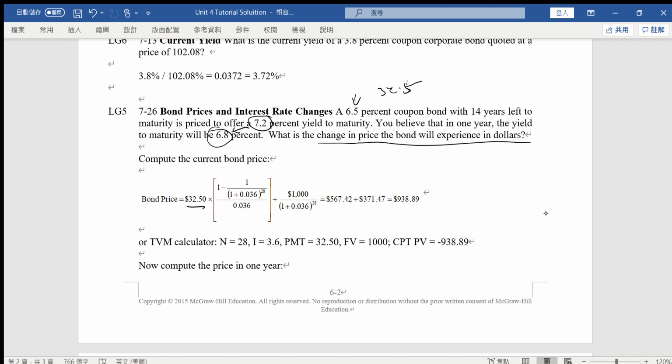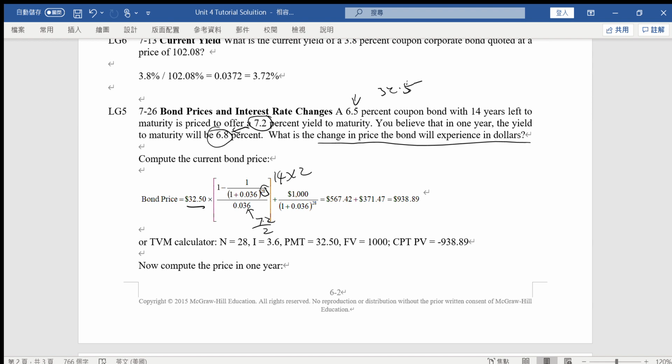And remember, we calculate the interest rate: the market interest rate is 7.2%, so half of that, 7.2 divided by 2, will be 0.036. And then remember the time, that should be 14 times 2, half a year, right?